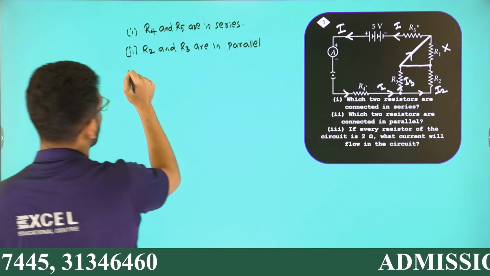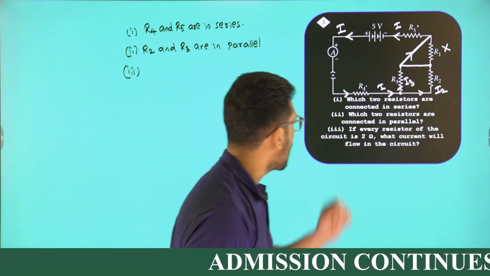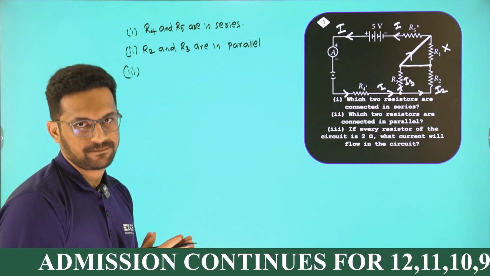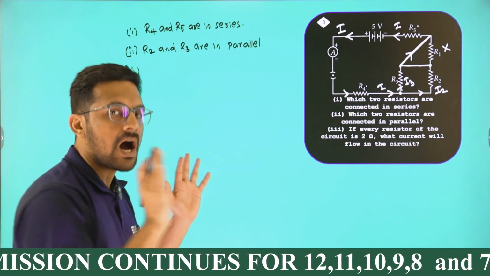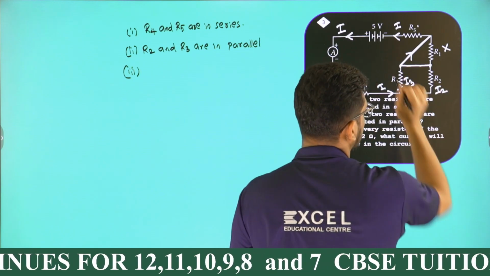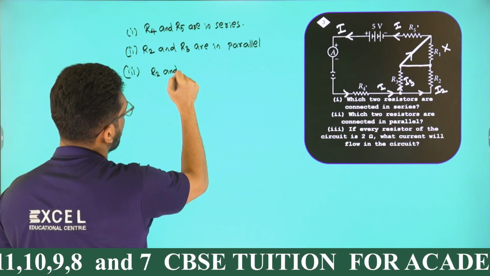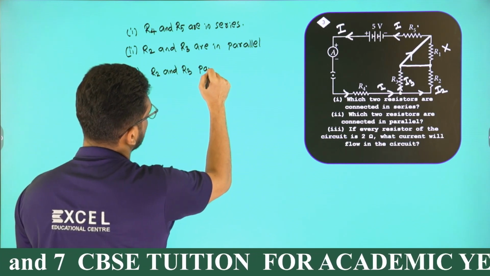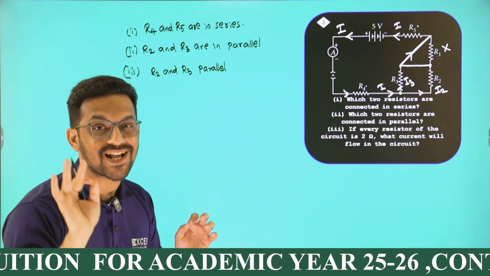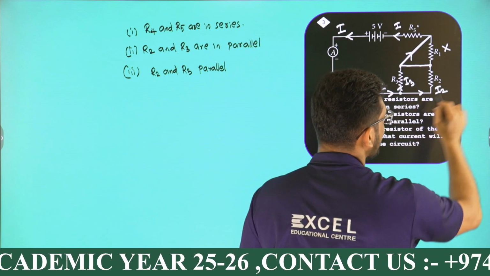Okay. Now look at the third question. If every resistor of the circuit is 2 ohm, what current will flow in the circuit? Every resistor has the value 2 ohm. R2 and R3 are in parallel. If you have two identical resistors in parallel, what is the effective resistance of this combination?